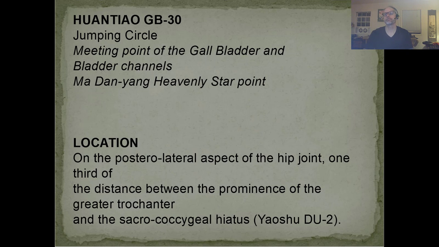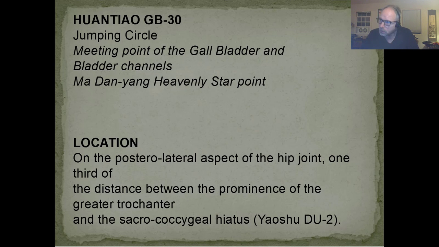Gallbladder 30. Gallbladder 30 is the meeting point of the gallbladder and the UB channel. It's also a Ma Dan Yang heavenly star point on the posterior lateral aspect of the hip joint. 1/3 of the distance between the prominence of the greater trochanter and the sacral coccygeal hiatus.